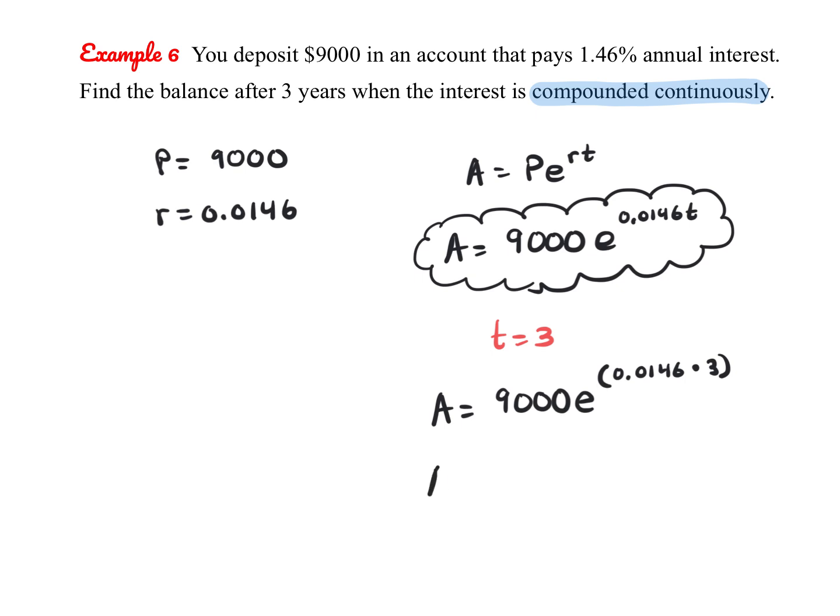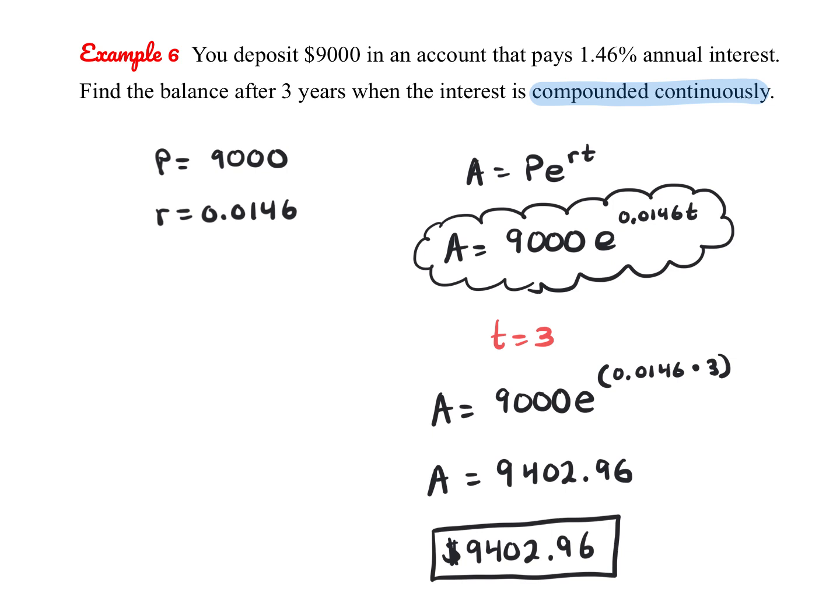And here we get $9,402.96. Now, if you compare this to your answer from example 5, we do actually make a little bit more money here. I believe the last one was 21 cents, and here is 96 cents.